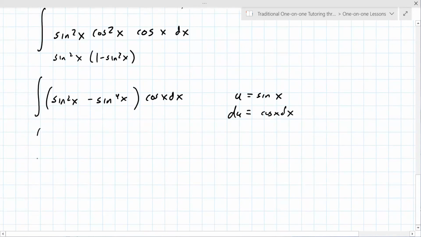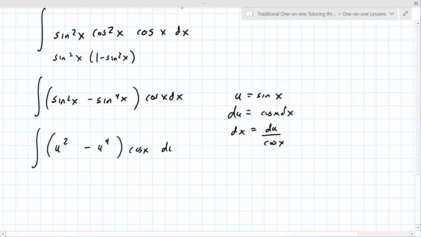Okay, so this becomes the integral of u squared minus u to the fourth times cosine x, but then your dx is du over cosine x. And that's the power of this method, the cosines cancel. So you're just left with u squared minus u to the fourth du.